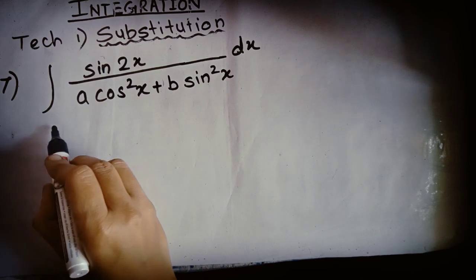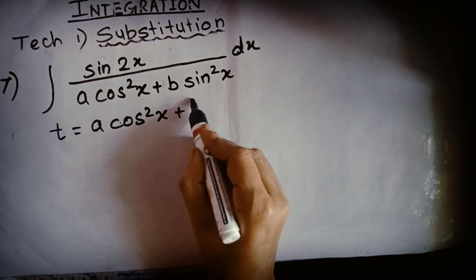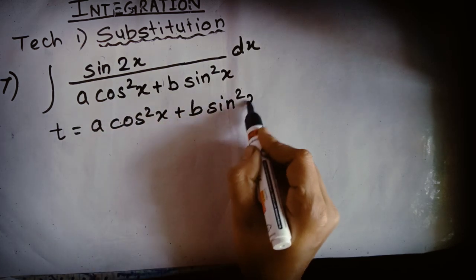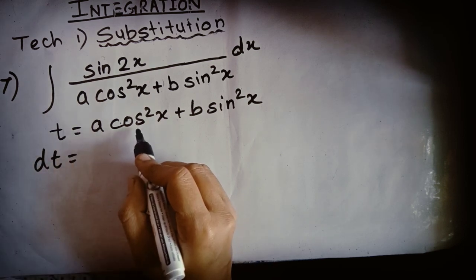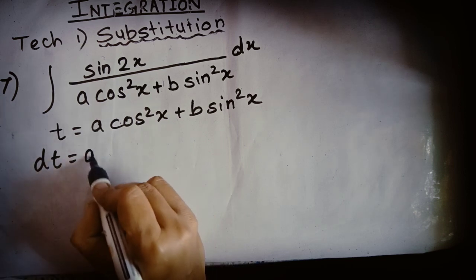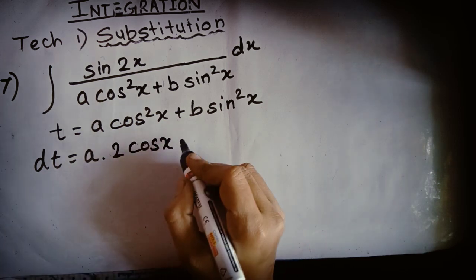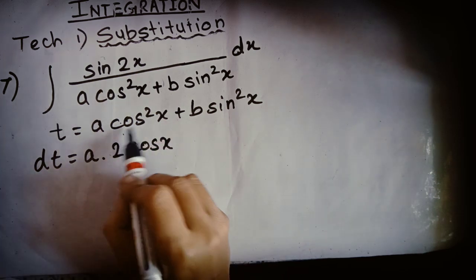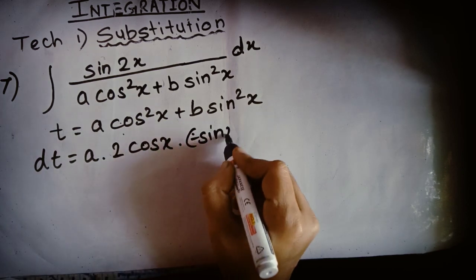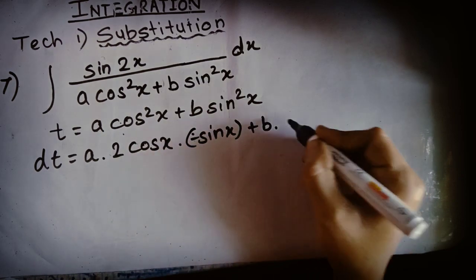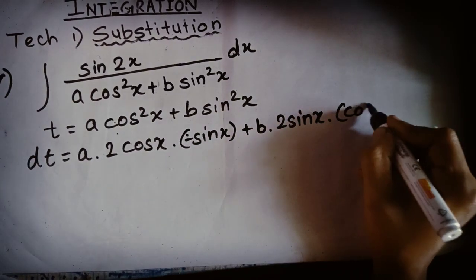If I write t as a cos squared x plus b sin squared x, that is our denominator, then dt will be what? a into 2 times cos x into the derivative of cos x, which is minus sine x, plus b into 2 times sine x into the derivative of sine, that is cos x.